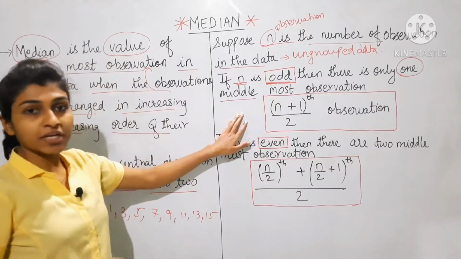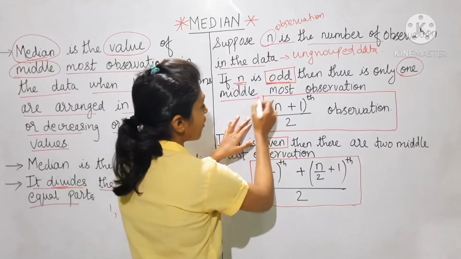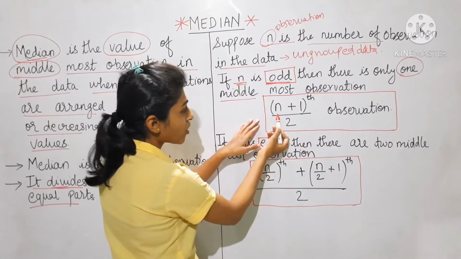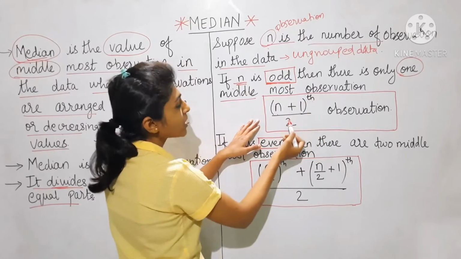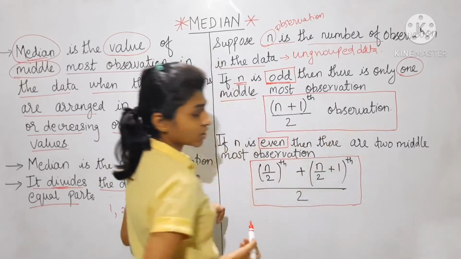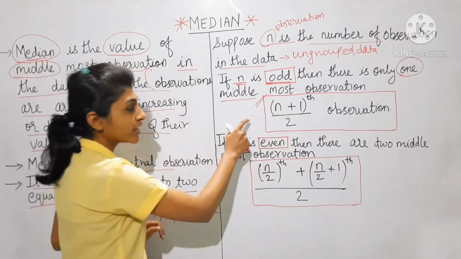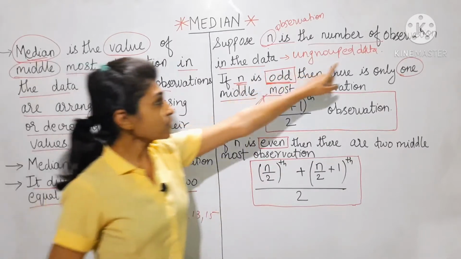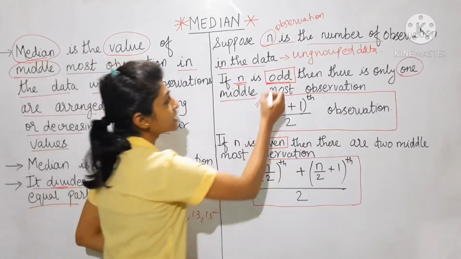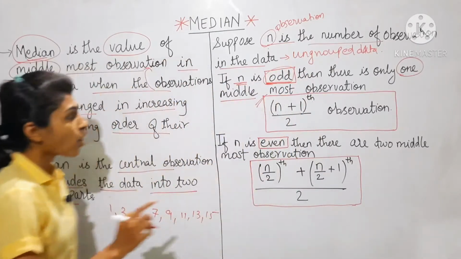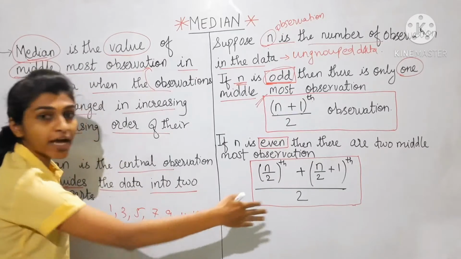To find the median for an odd number of observations, we have the formula: (n plus 1) divided by 2, the th term, where n is the number of observations. We use this formula to calculate the median for individual observations, that is ungrouped data, if the number of observations is odd, like 1, 3, 5, 7, 9, 11, 13, 15 and so on.